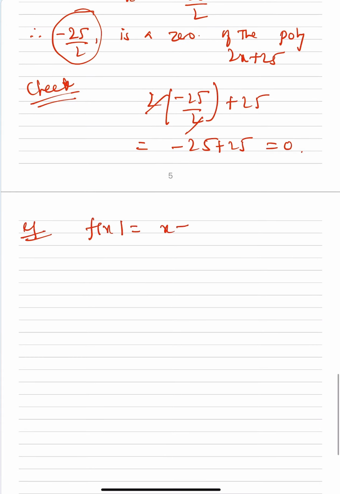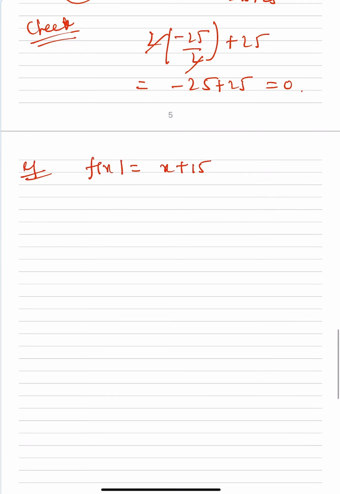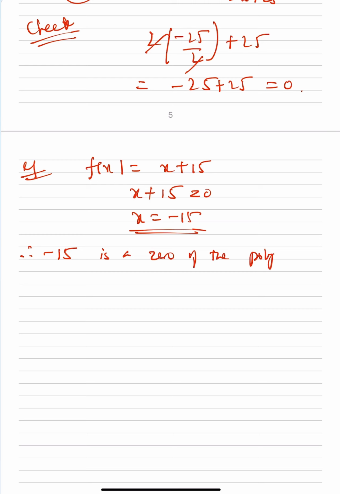One more example. f of x is equal to x plus 15. Then we will start that x plus 15 is equal to 0. So x is equal to minus 15. Therefore minus 15 is a zero of the polynomial x plus 15.